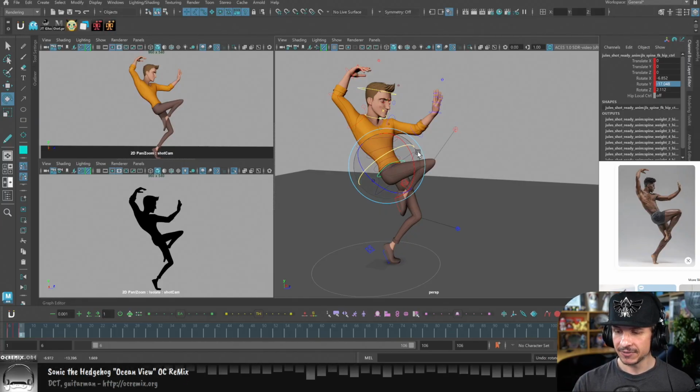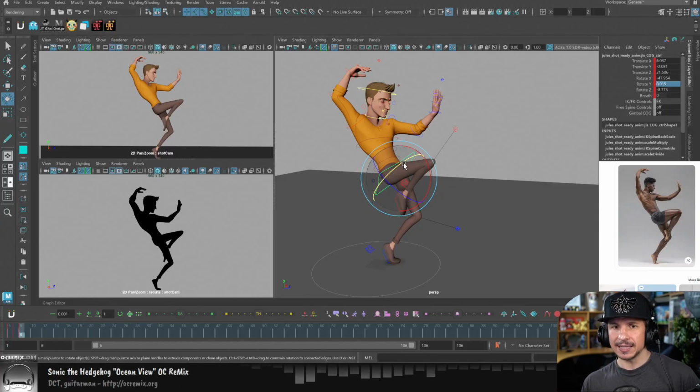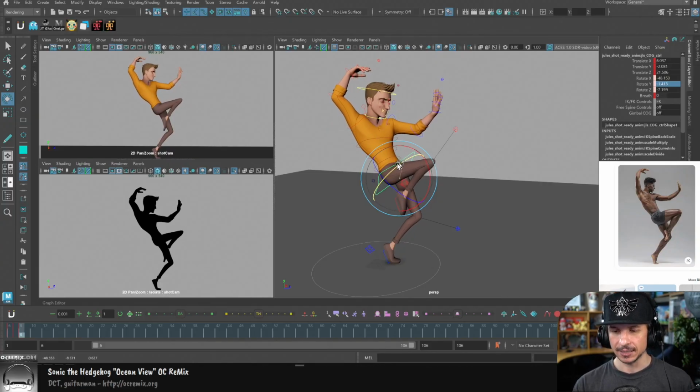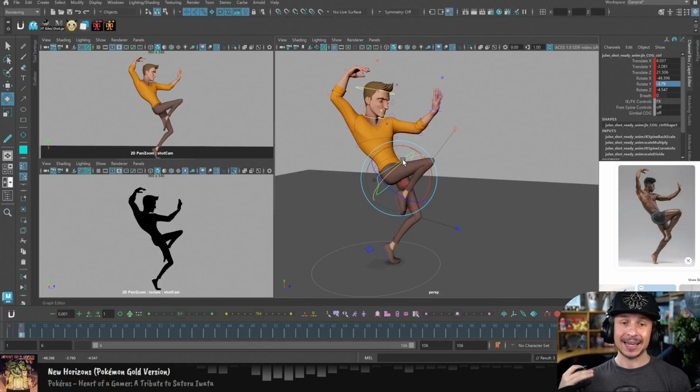The big reason is if I try to do everything on the cog, every little rotate Y that I do to kind of twist the hips and just add that extra little polish is going to do this to the body. And I'm going to have to counter animate every single little twitch of those hips with the spine, and my spine is going to be a nightmare to work with.